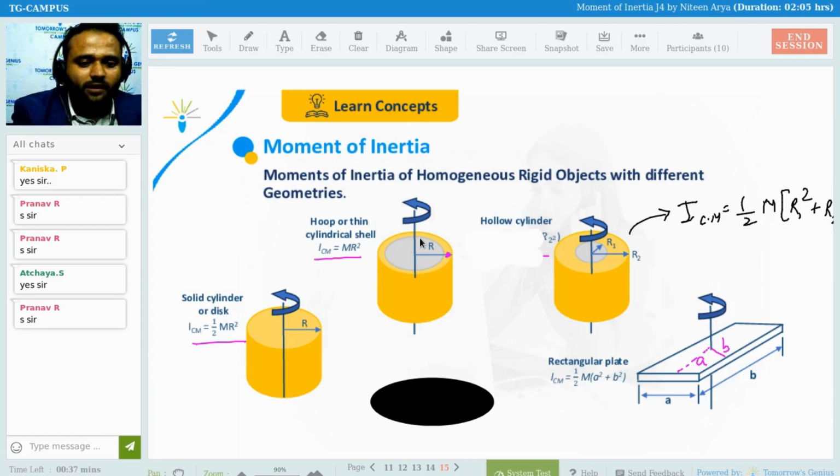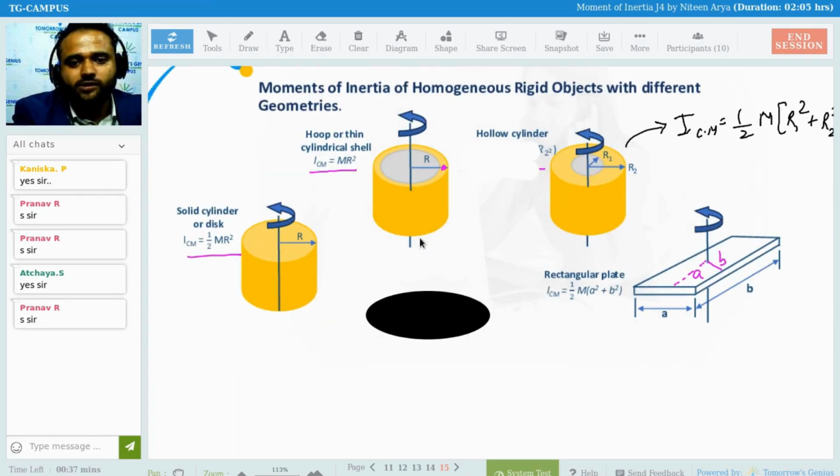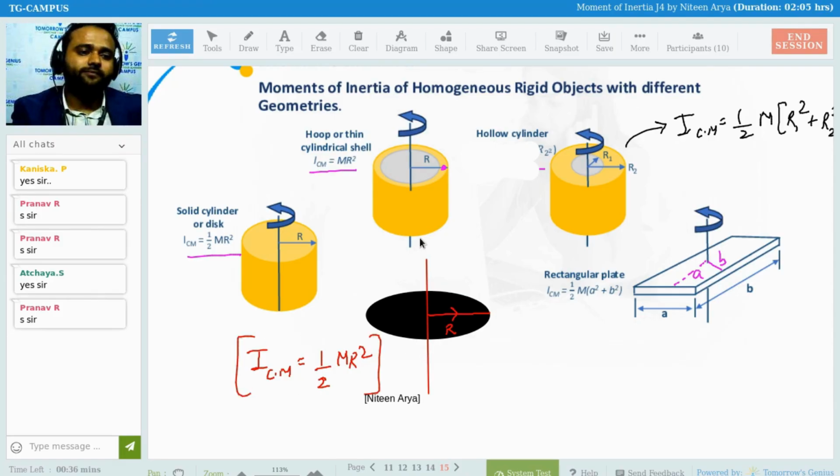If a disc of radius r is going to rotate about the axis passing through the center of mass, then I center of mass for this disc is also going to be 1 by 2 mr square, because this can be taken as a solid cylinder.